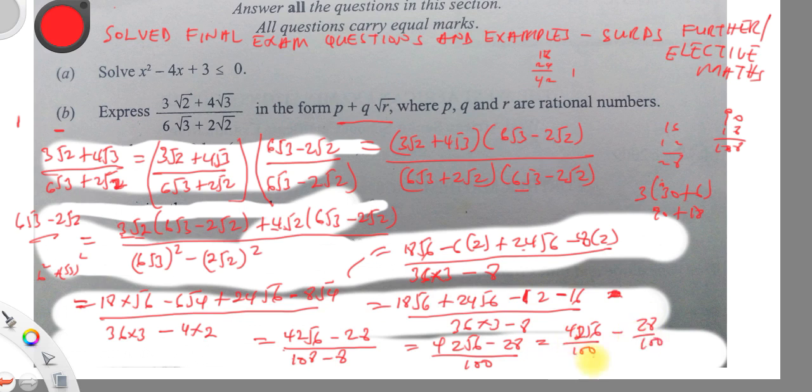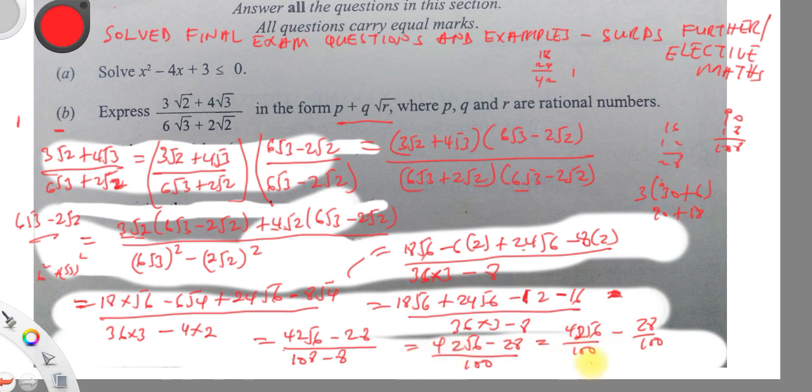So 2 goes here, 2 goes here, and 2 goes here. You can just factorize the 2 out, and then these 2 will cancel.